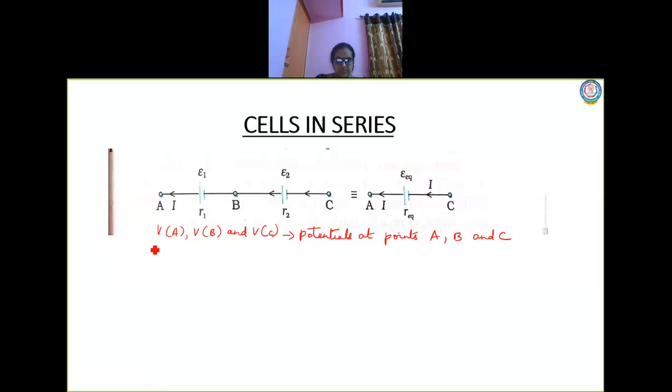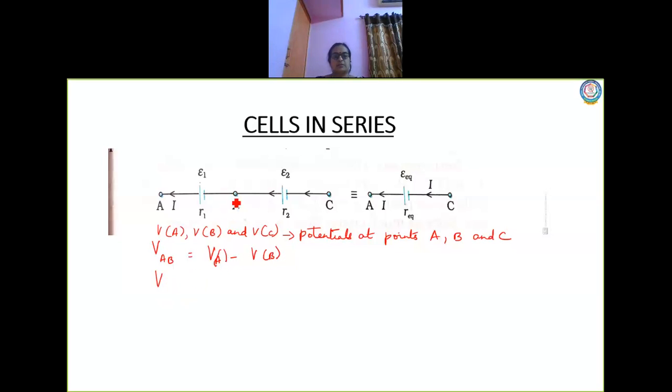Let me write this as VAB. That is the potential difference between the terminals of cell 1, which is given as VAB is equal to V of A minus V of B.